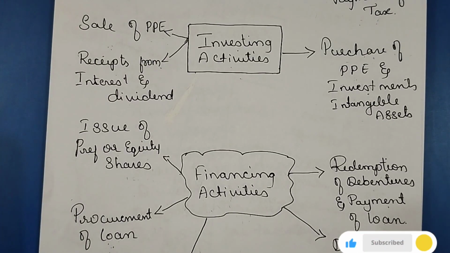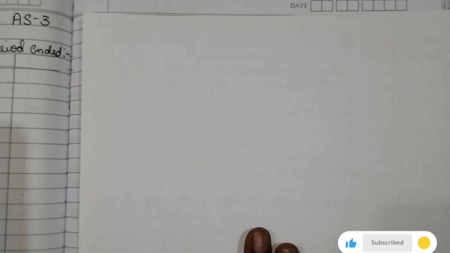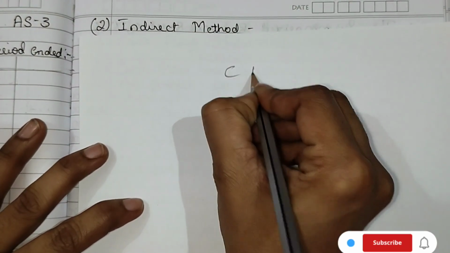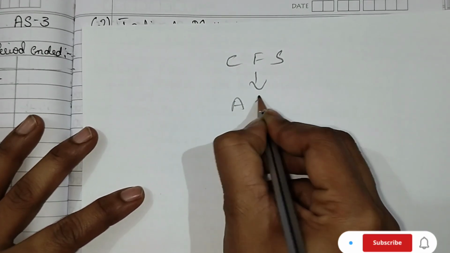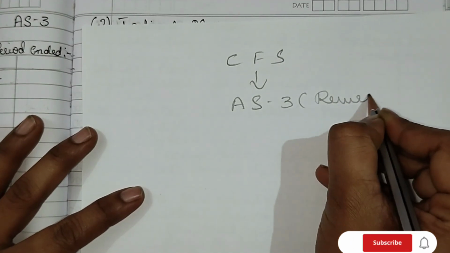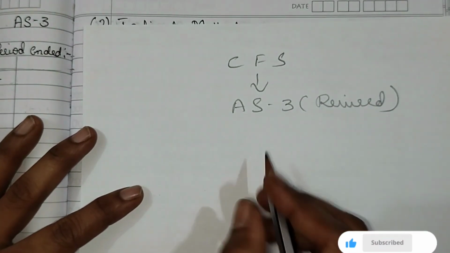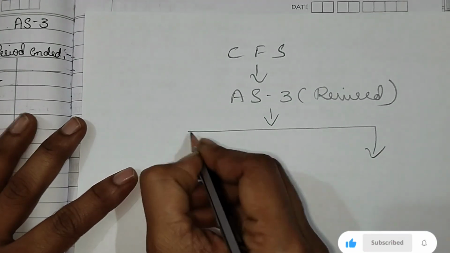Now, let us understand this with the help of the format. The cash flow statement prepared as per the Accounting Standard 3 revised. The cash flow statement we can present in two forms.